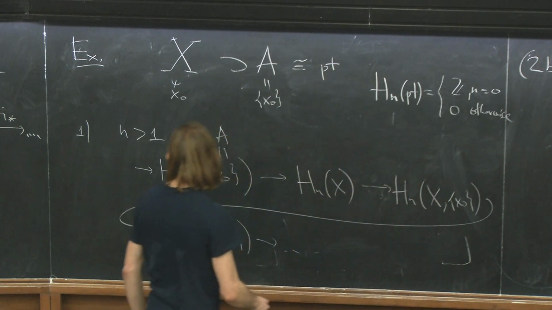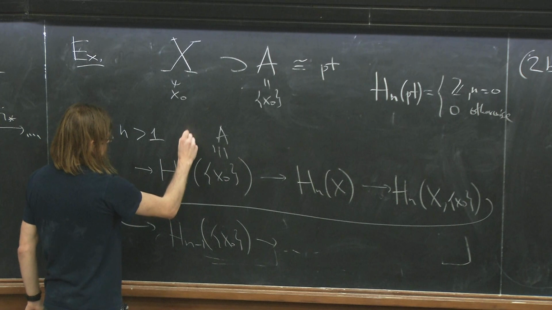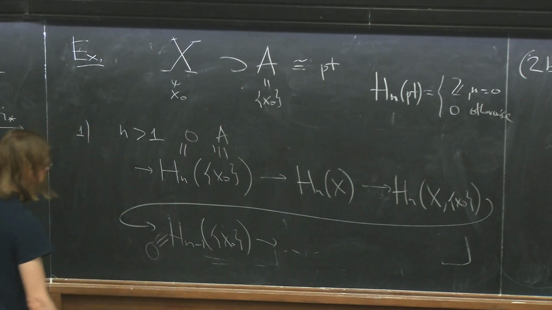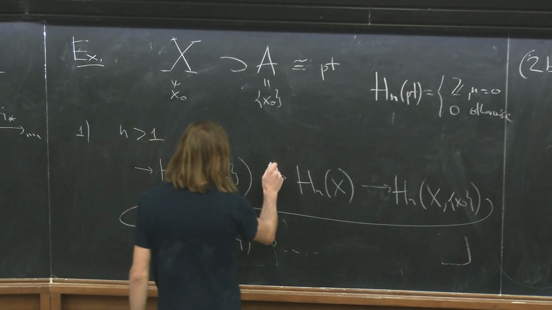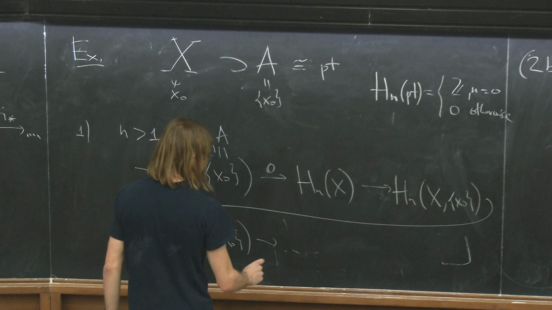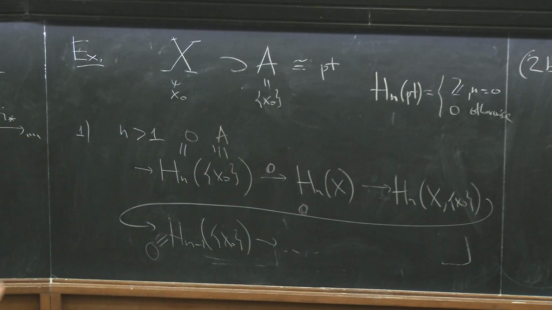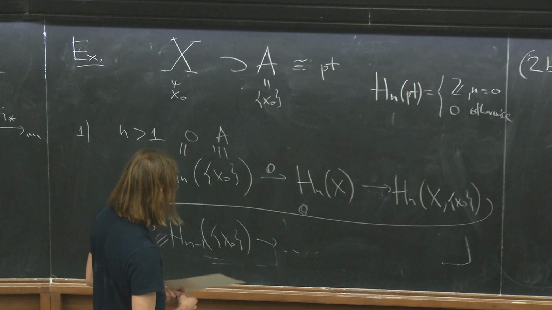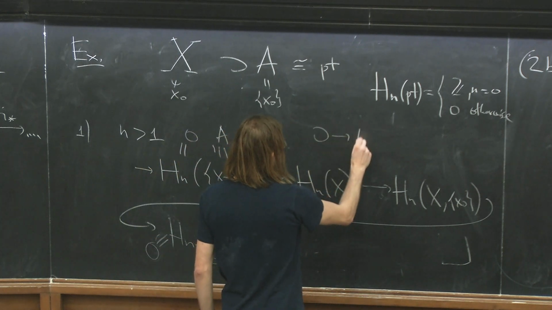Since n is strictly greater than 1, the homology of a point is trivial. This means that this map is necessarily trivial, and this map is also necessarily trivial, the only trivial map from or to the trivial group.